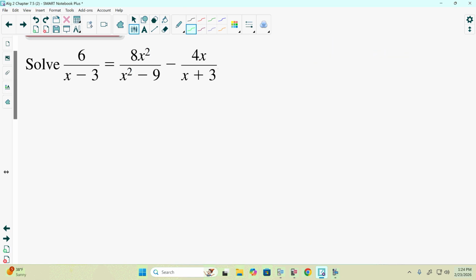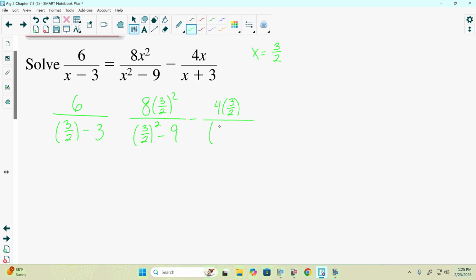And if we wanted to, we could go back and plug 3 halves in on both sides and see if both sides give us the exact same value.